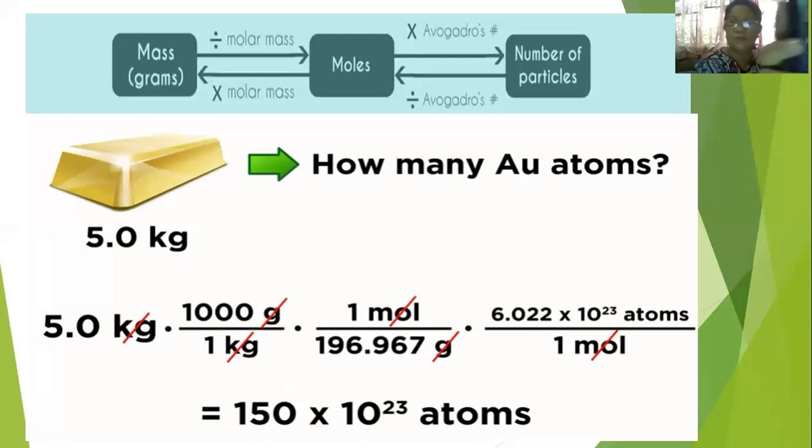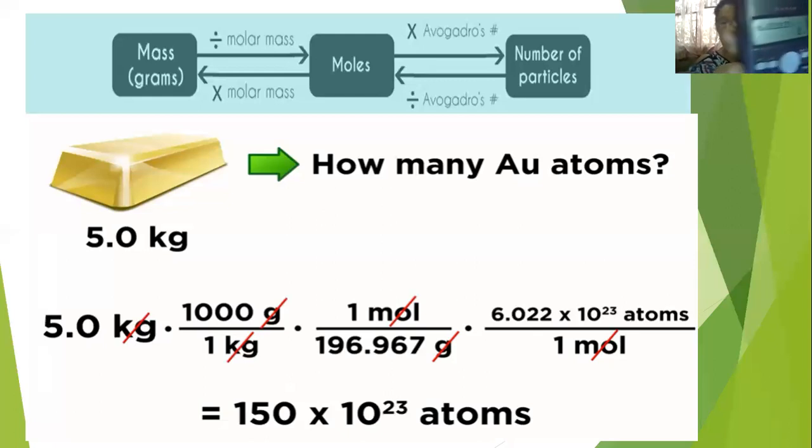Then have it in exponent. This is the exponent, this one. Okay, exponent, then 23. You should have 6.022, then directly exponent, 23.